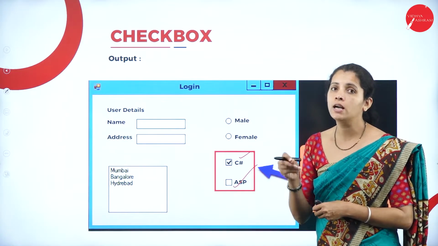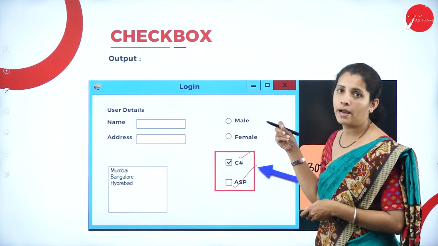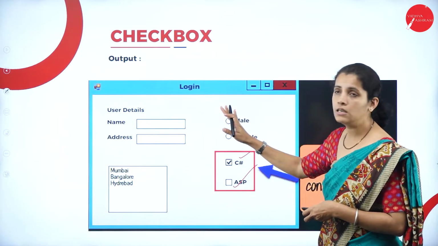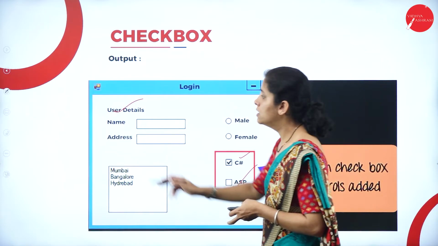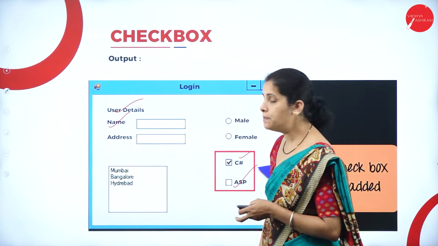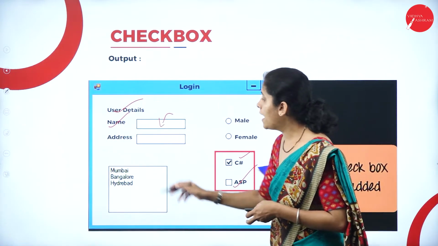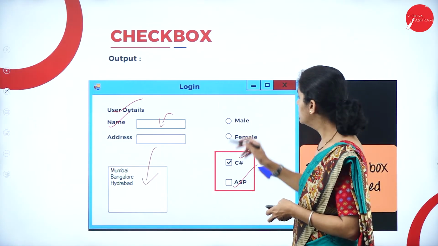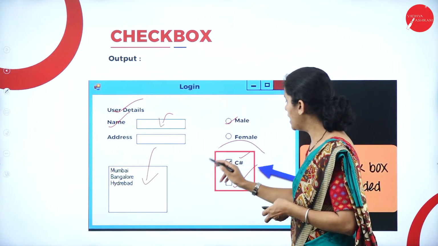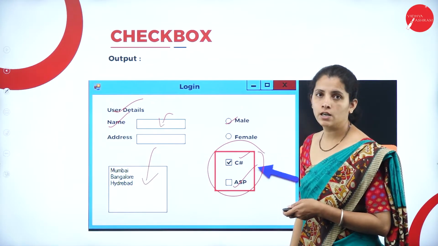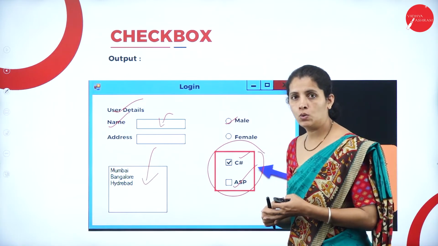This is the way I can design my own form. If I consider this example, I have group box, name, that is nothing but the labels, text box control, then I have list box control, then radio button control, then checkbox control. Along with that, I can have a few more controls.